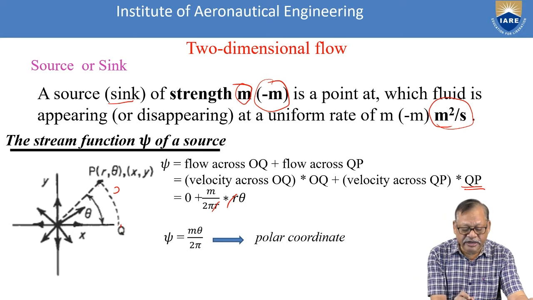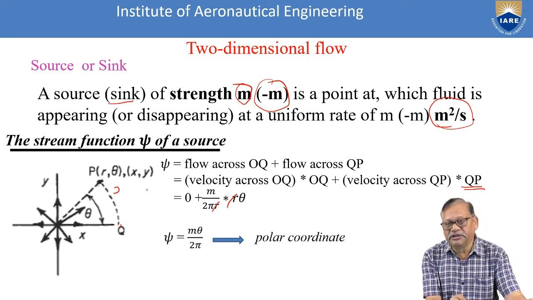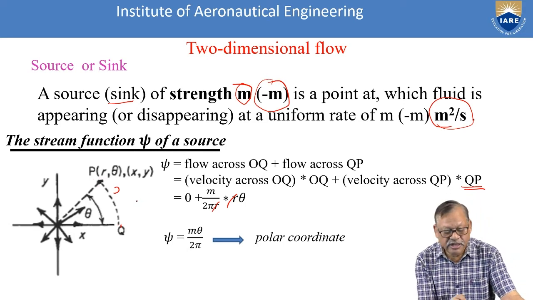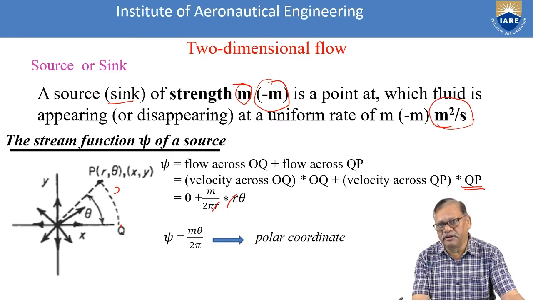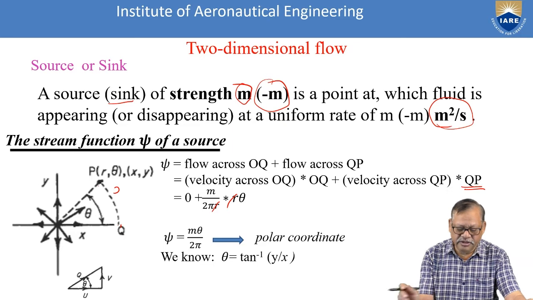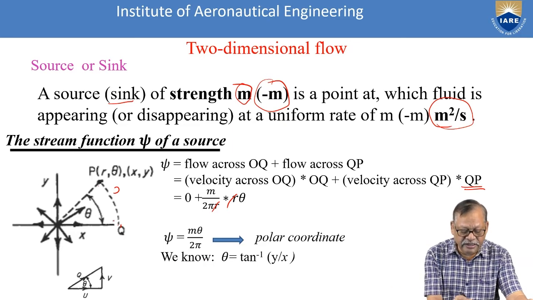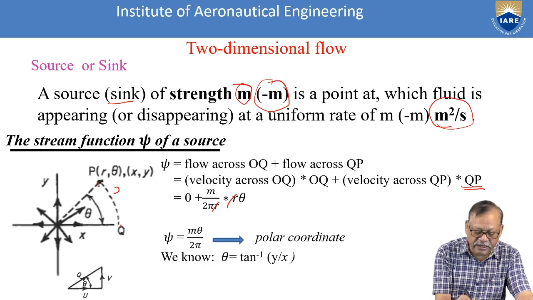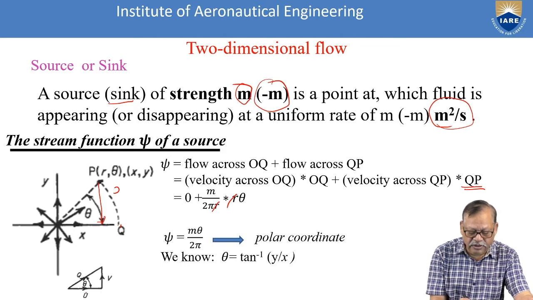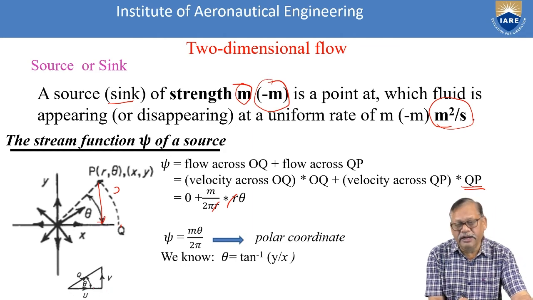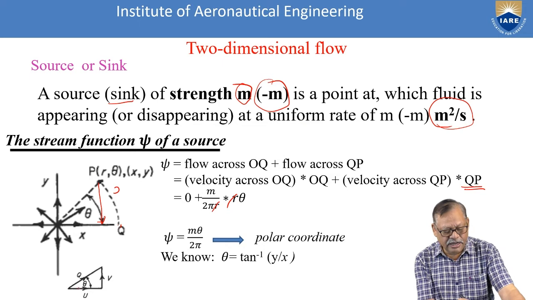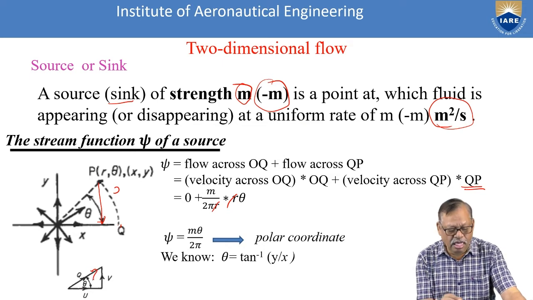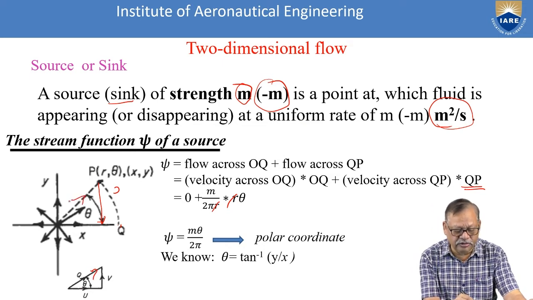But I have written here the polar coordinate system as well as the Cartesian coordinate system. In the Cartesian coordinate system, what can we write? If you draw a diagram like this, we get the u component and v component. This is the theta angle, and this is the resultant, the direction in which the velocity is going.